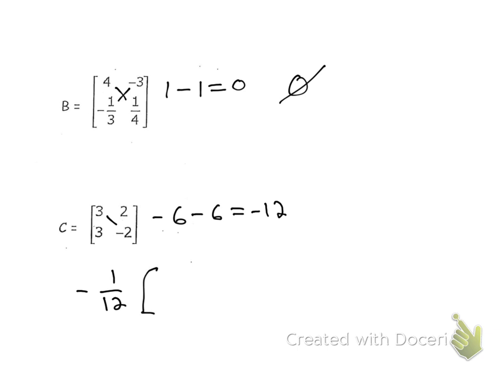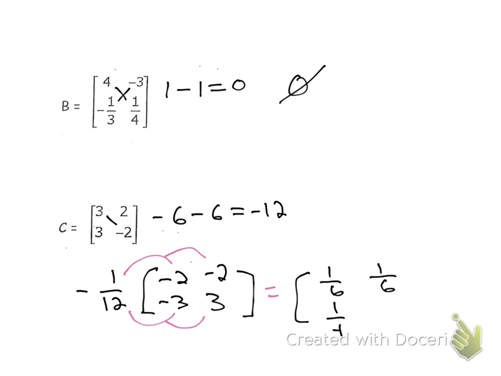We flip A and D, so we flip 3 and -2. And then we multiply B and C by -1. So that'll be a -2 and a -3. And then we distribute that -1/12. And we would have our inverse. Boom, shakalaka.